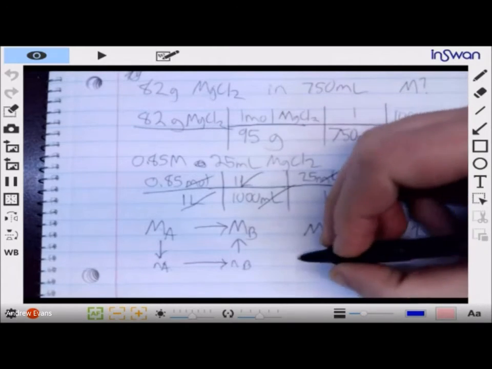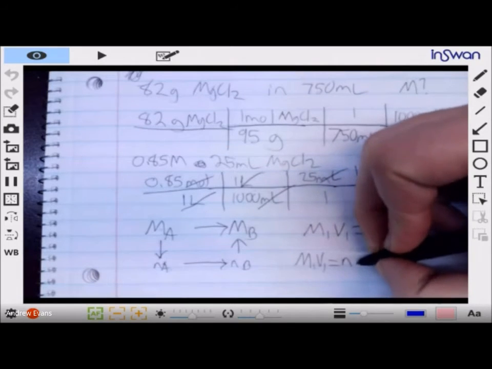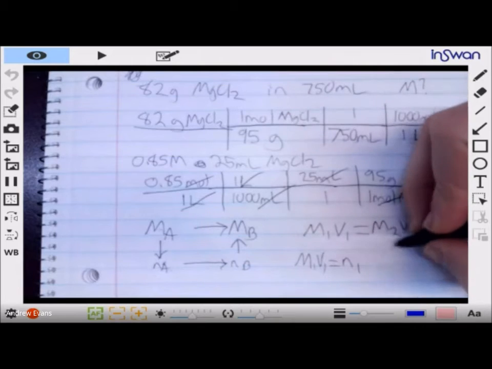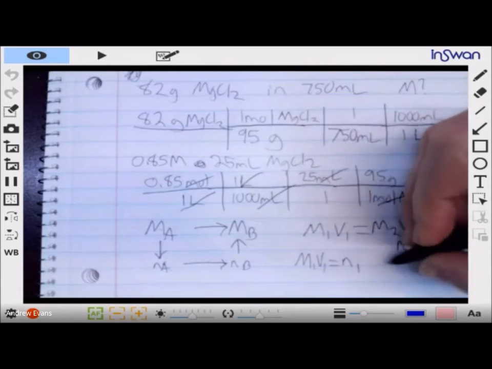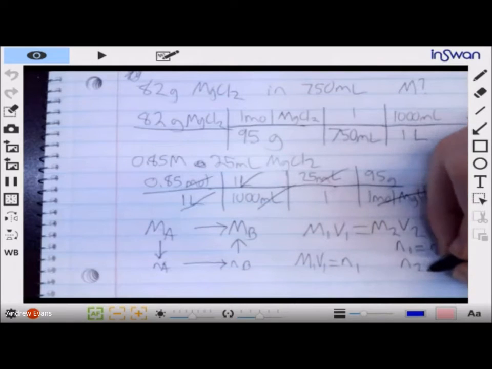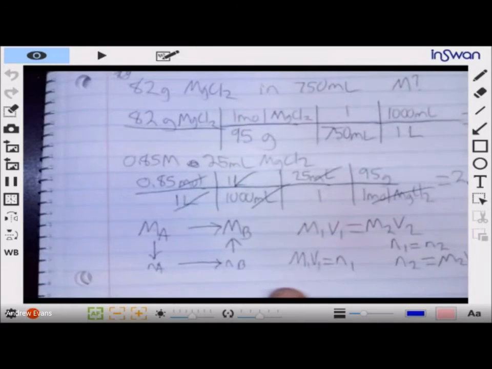The reason this works is because M1 V1 is moles. Now, moles 1 are equal to the moles of 2, and the moles of 2 is going to be equal to M2 V2, so we can set these two statements equal.